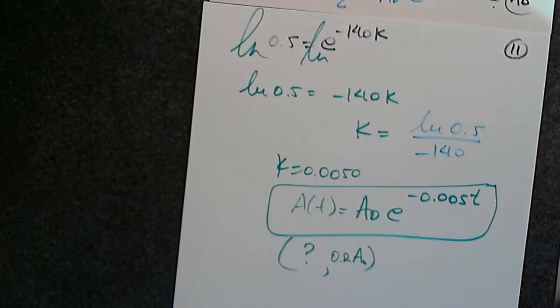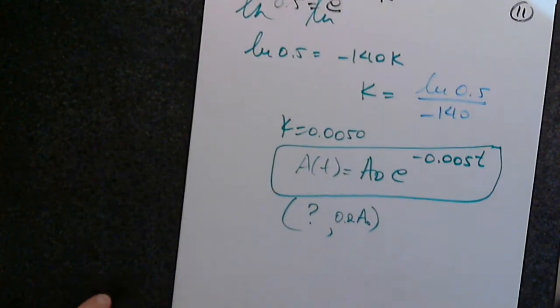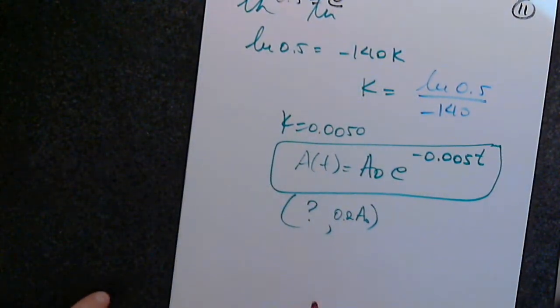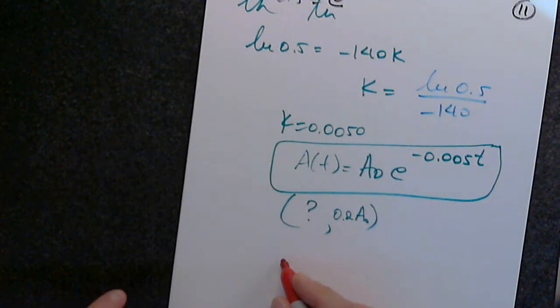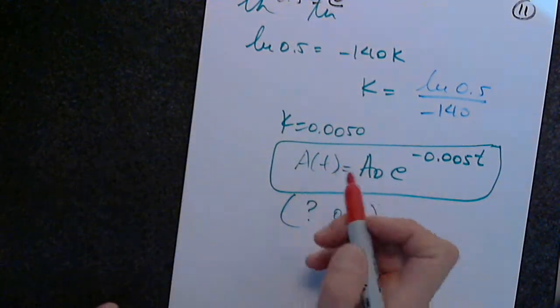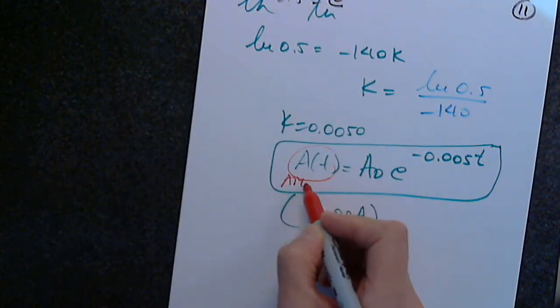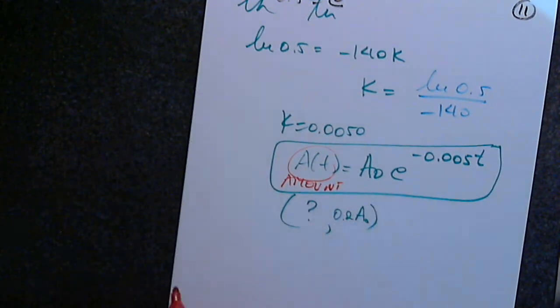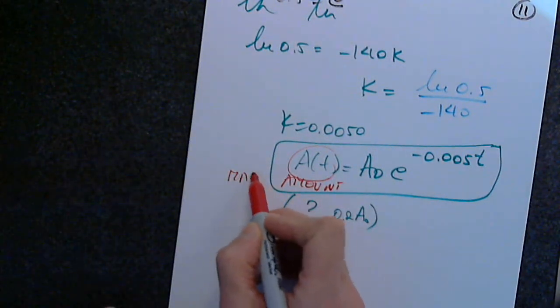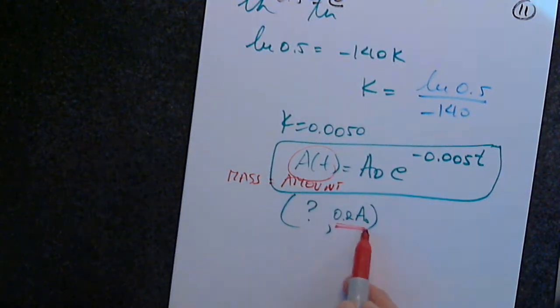So I need to put this point in the equation. Tell me how to put the point in the equation. What is this side? It's the time, right? No, this is the amount. Amount or mass. This is always the y variable. There is no discussion there, right?